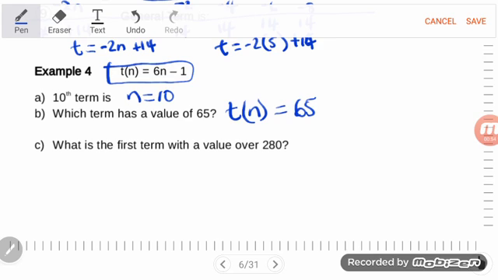I haven't actually answered these questions yet. Please be aware, I have not answered these questions yet. I'm just interpreting each of these questions. So here, we want t of n to be greater than 280. We do not know for sure if 280 will be a term.